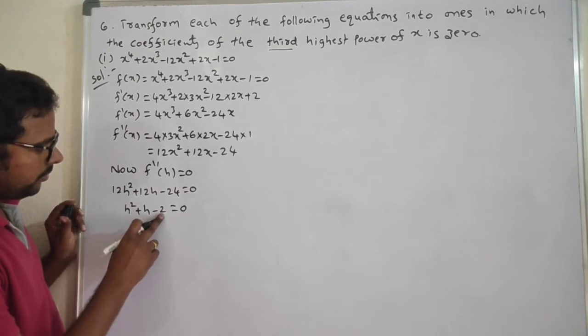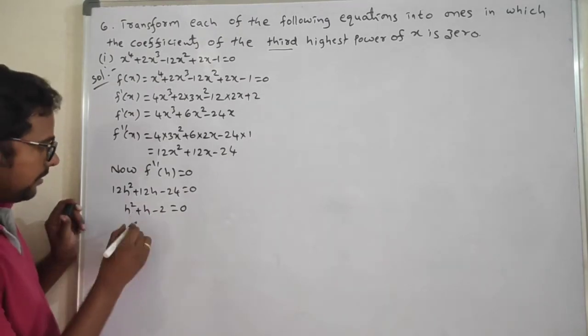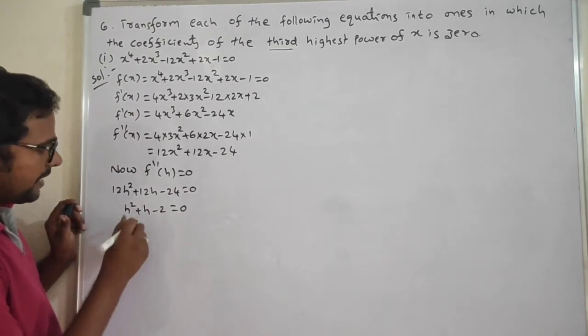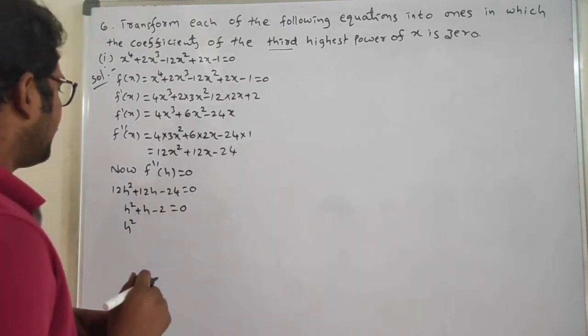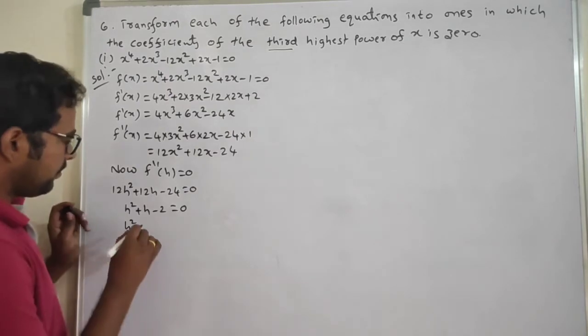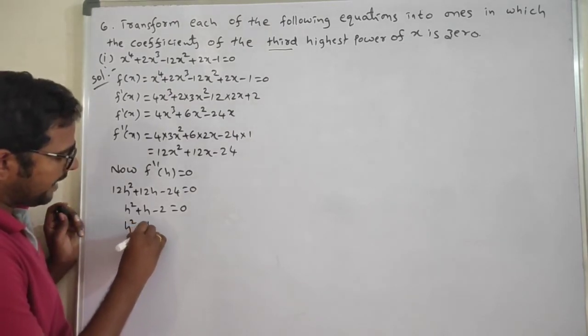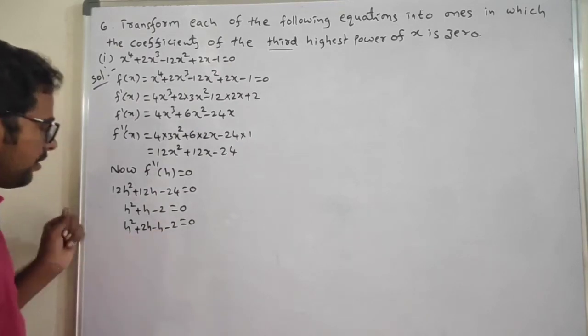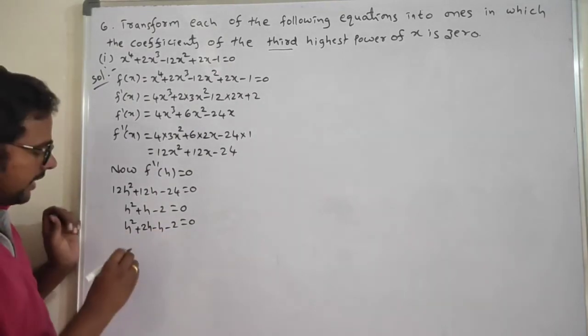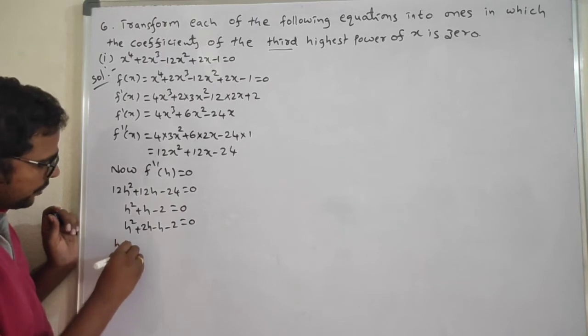So h square plus 2h minus h minus 2 equals 0. From the first two terms take h common, remaining h plus 2.